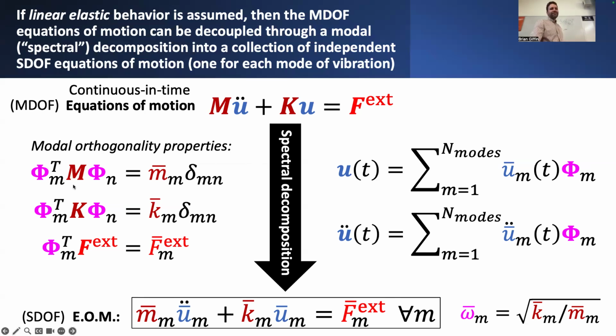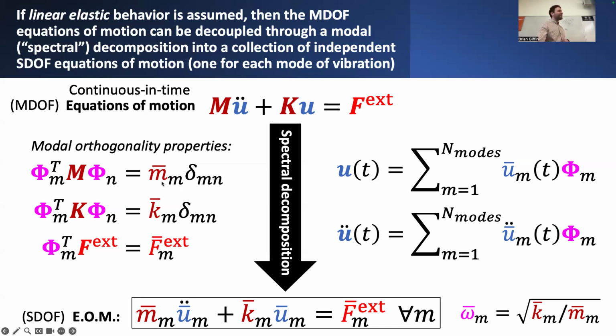It assumes that if I were to take any two of these mode shapes, which might not necessarily be the same, M and N, and left and right multiply both the mass matrix and the stiffness matrix by these corresponding mode vectors, what I would get out of this is effectively a diagonalized representation for the mass matrix, the modal mass matrix, and the modal stiffness matrix.